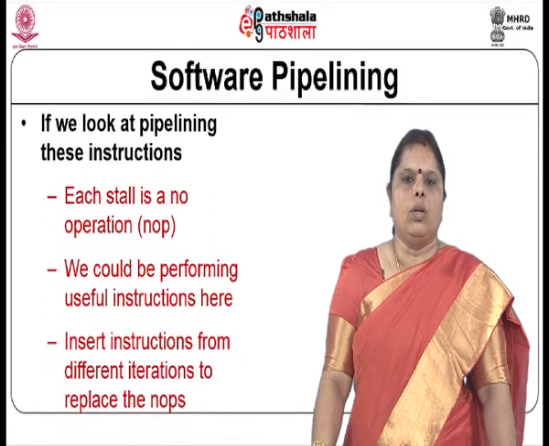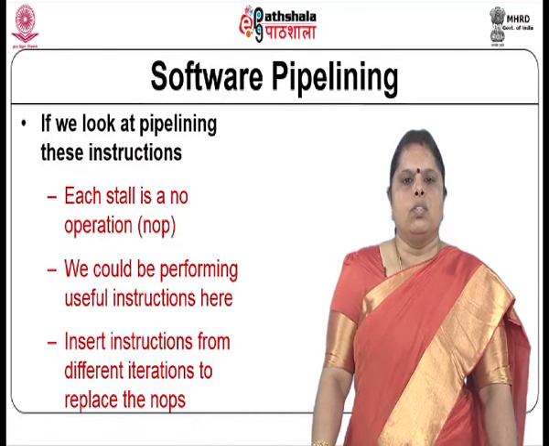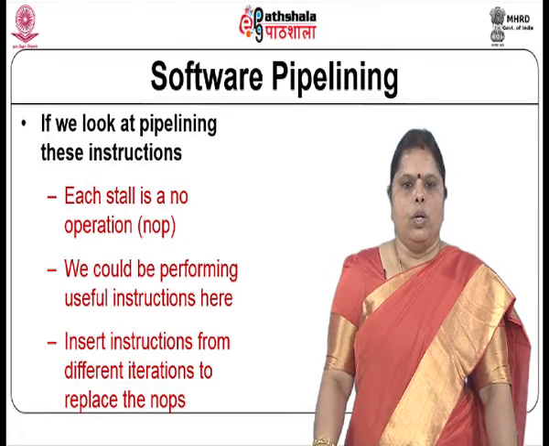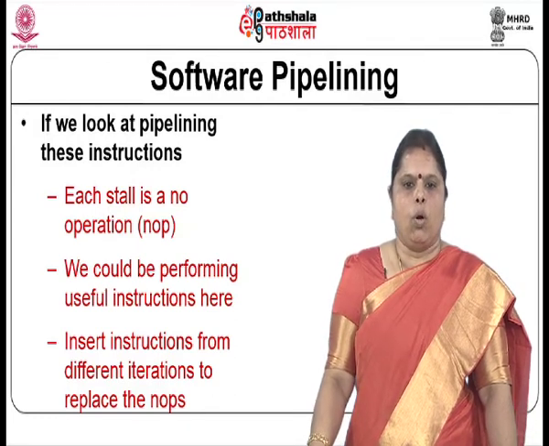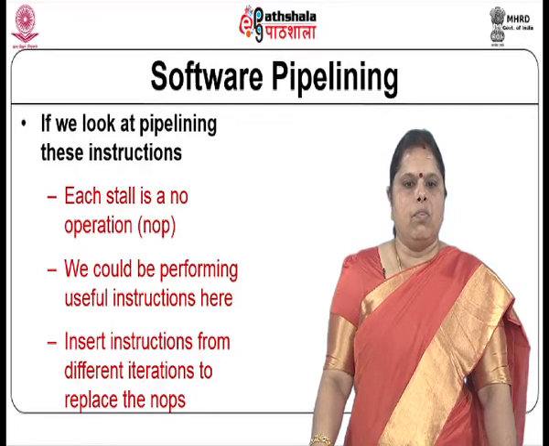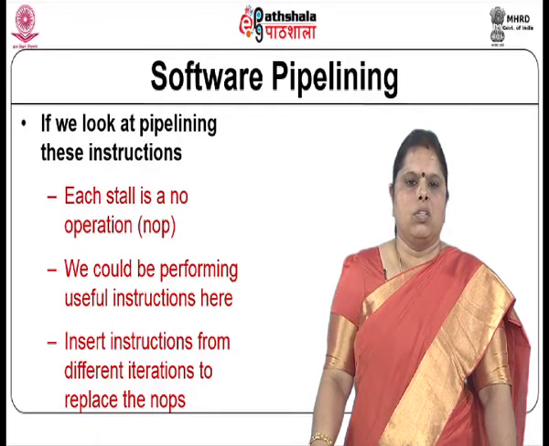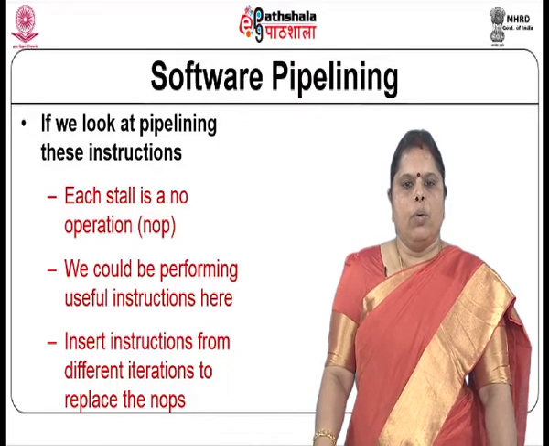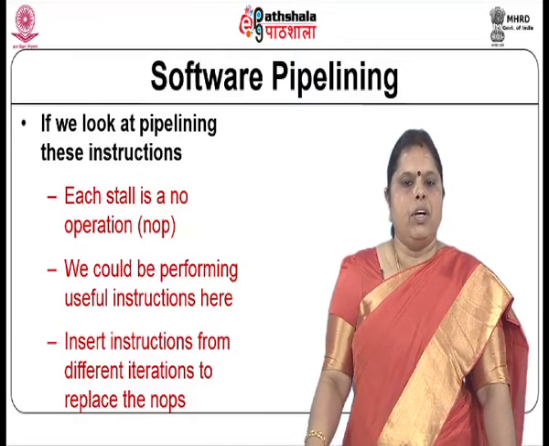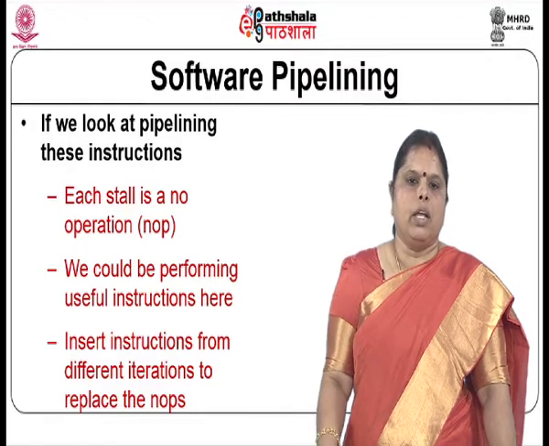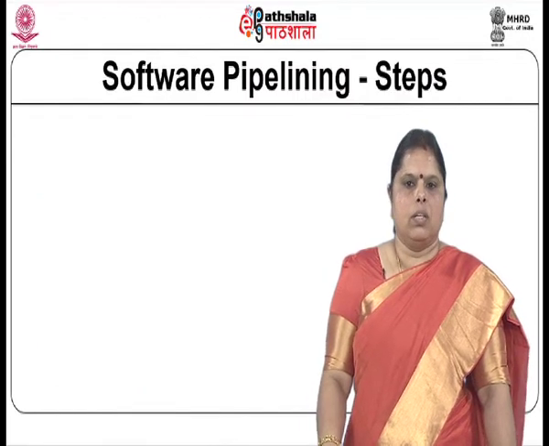Now, what are we trying to do in software pipelining? In software pipelining, if you look at pipelining these instructions, you know that each stall is equivalent to a no-op, and we could obviously be performing useful instructions in these slots. So, instead of wasting those slots, we try to insert instructions from different iterations to replace the no-ops, so that those slots are usefully utilized.